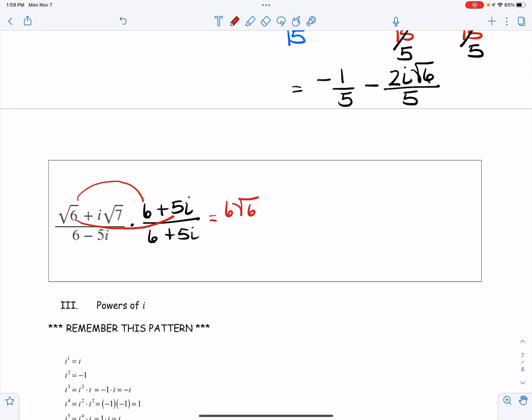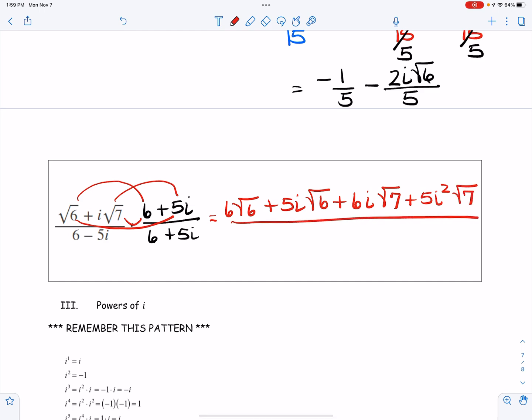The outer becomes 5i radical 6. The inner becomes 6i radical 7. And the last becomes 5i squared radical 7. And that's all over the first, which is 36, and the last, which is negative 25i squared.